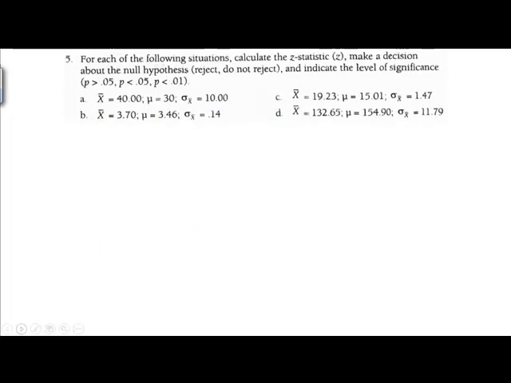For each of the following situations, calculate the Z statistic, make a decision about the null hypothesis, and indicate a level of significance.